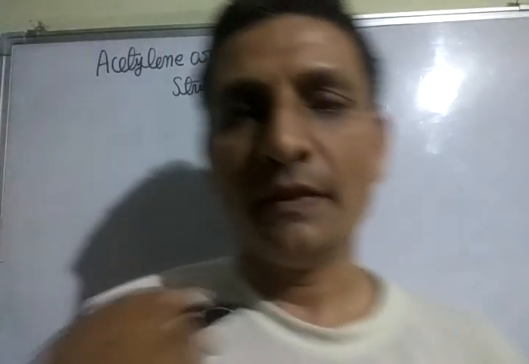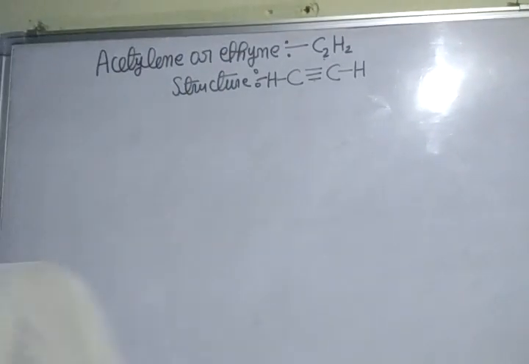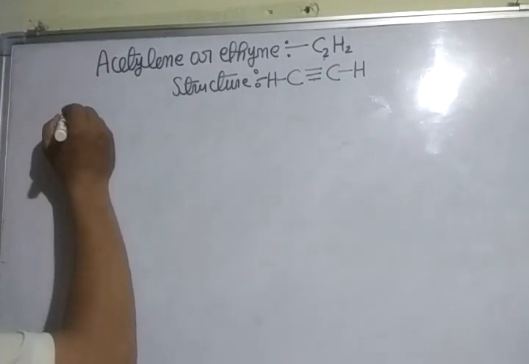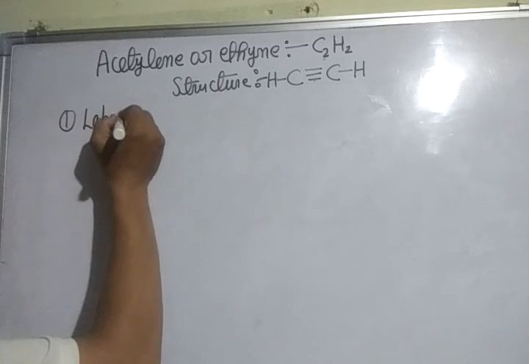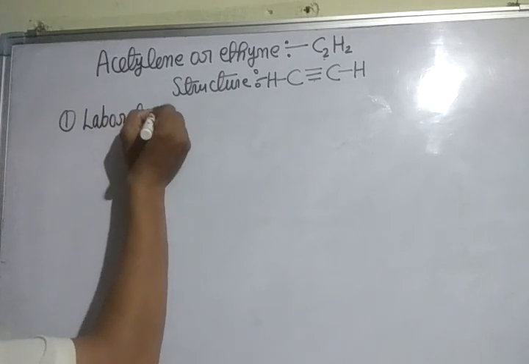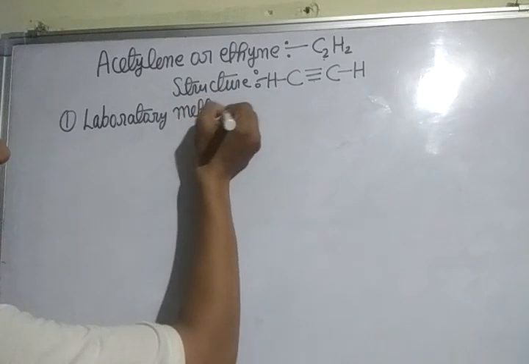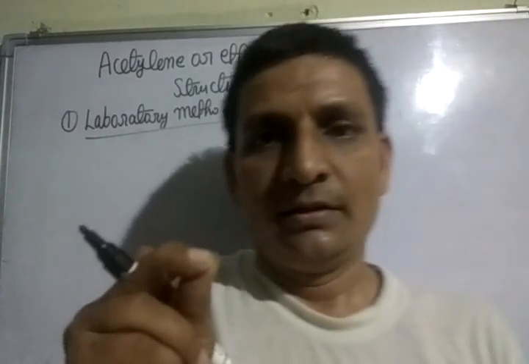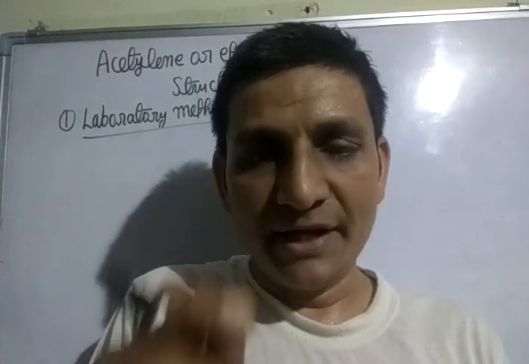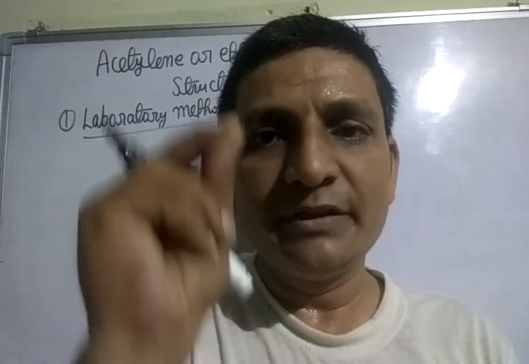Okay students, now I am telling you the method of preparation of ethyne. First is the laboratory method. In the laboratory, acetylene or ethyne is prepared when calcium carbide reacts with water.